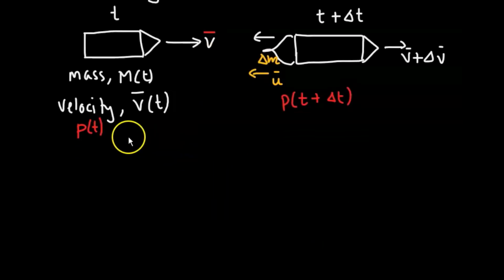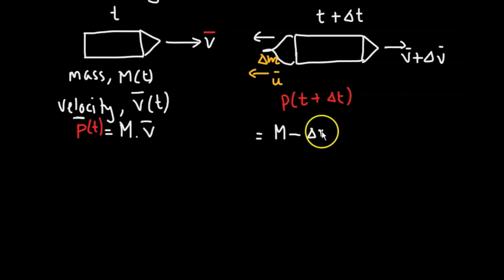So the momentum p of t will be the mass of the rocket plus the fuel times the velocity of the rocket v, which is measured in an inertial frame of reference, that is with respect to Earth. And for the momentum calculated at t plus delta t, we have the mass of the rocket m minus the amount that has exhausted the rocket, times the velocity vector v plus delta v vector.